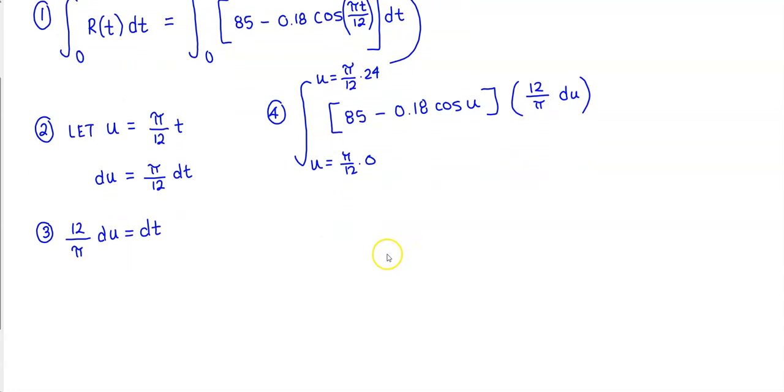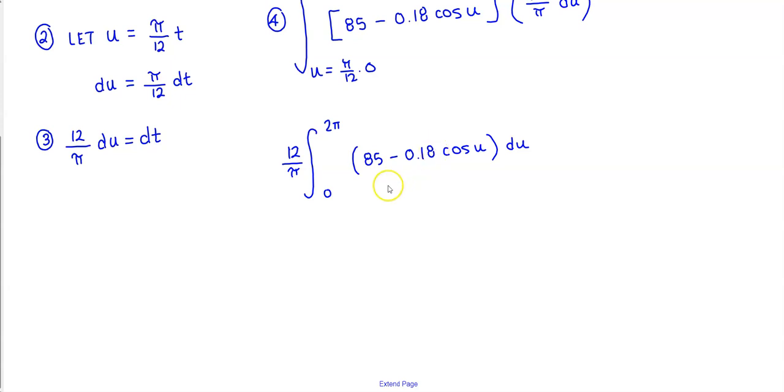Okay, so now let's continue. We have a lower bound of 0, an upper bound of 2 pi, and then we have 85 minus 0.18 times the cosine of u, and then we can factor out the 12 over pi times du.